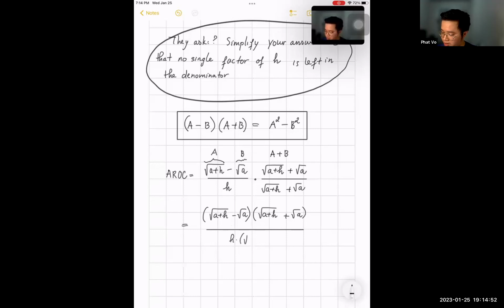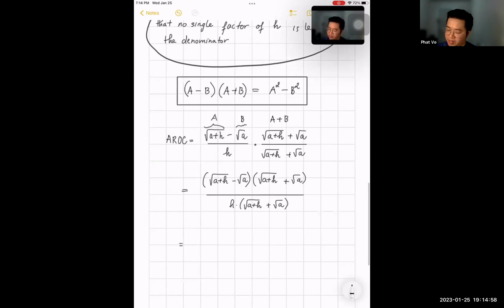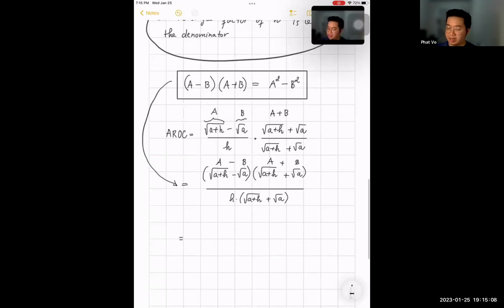h times this guy. So now I apply this formula. We have this guy a, this guy b, a minus b times a plus b, so it's a squared minus b squared. So that is this square minus b squared, over h times this guy.